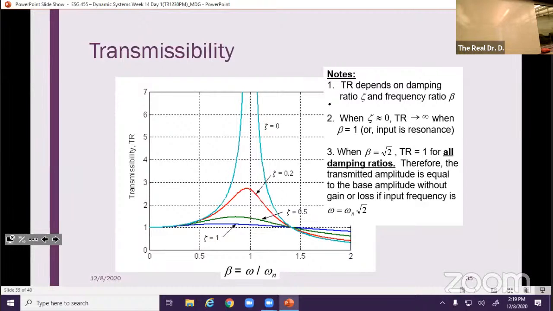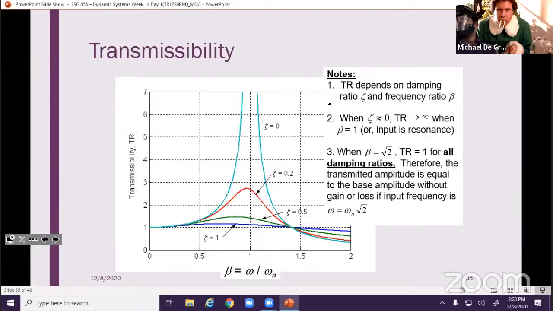What does a transmissibility of 1 mean? It means we are neither attenuating or amplifying our signal, right? It is the same as it came in as. It's a scaling factor of 1. The transmitted amplitude is equal to the base amplitude without gain or loss if the input frequency is equal to omega n times root 2.